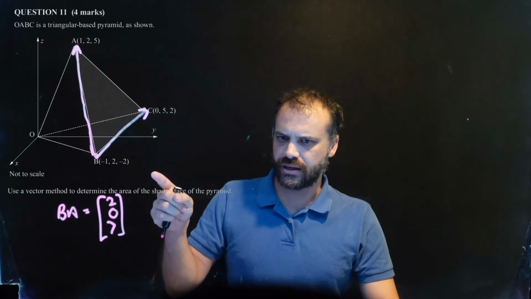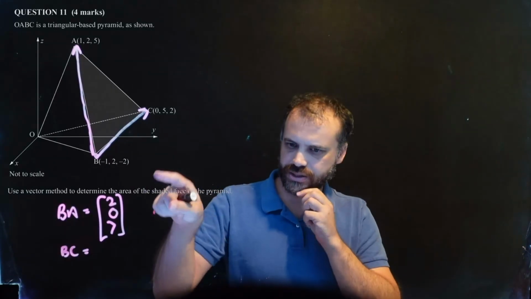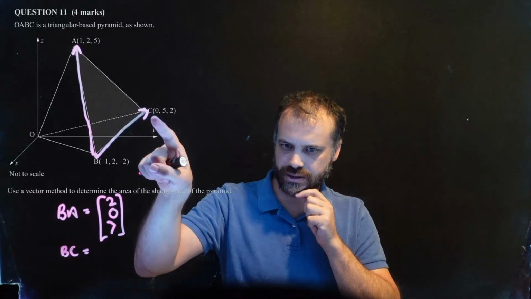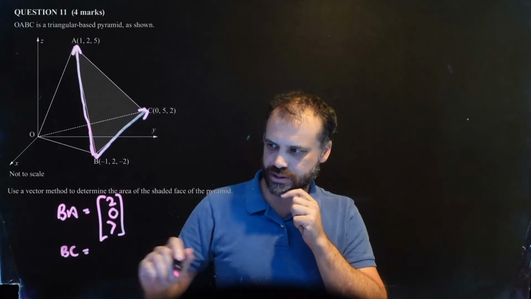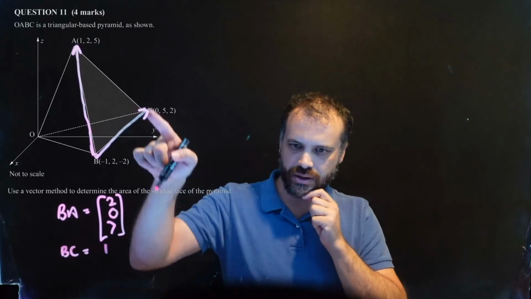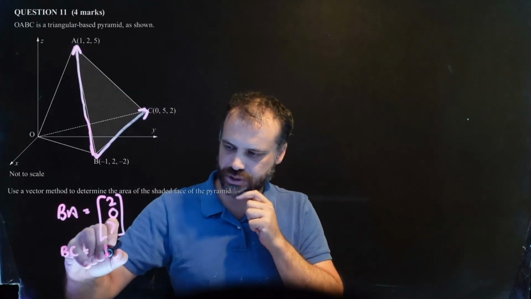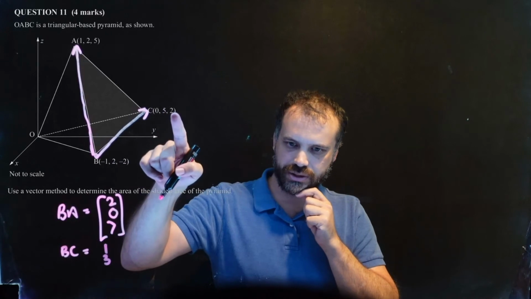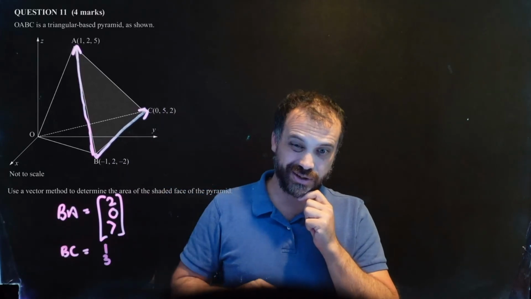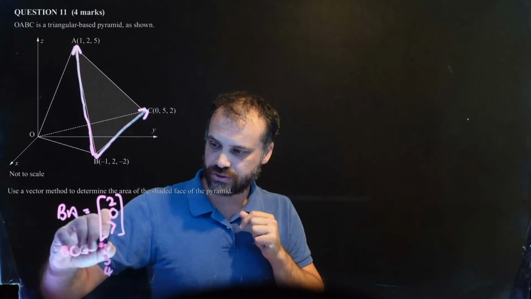Okay, BC. To do BC, we're going 0 minus minus 1, so that's 1. We're going 5 minus 2, which is 3. And we're going 2 minus minus 2, 2 plus 2, which is 4.